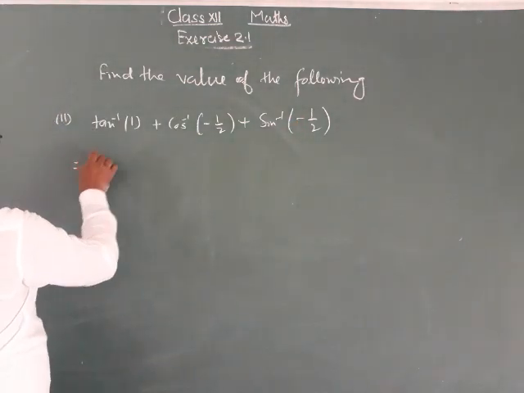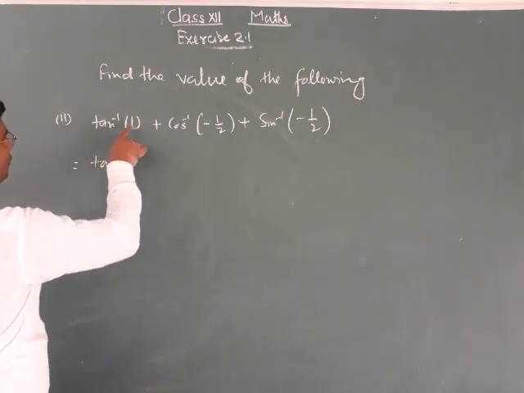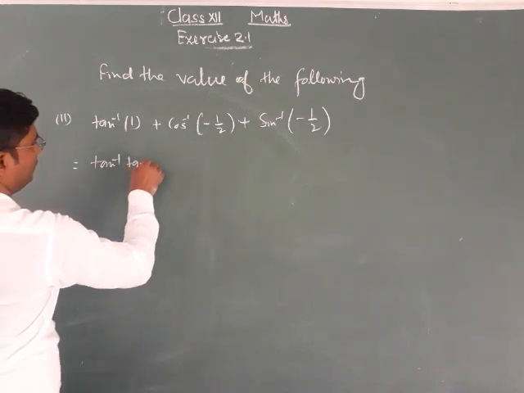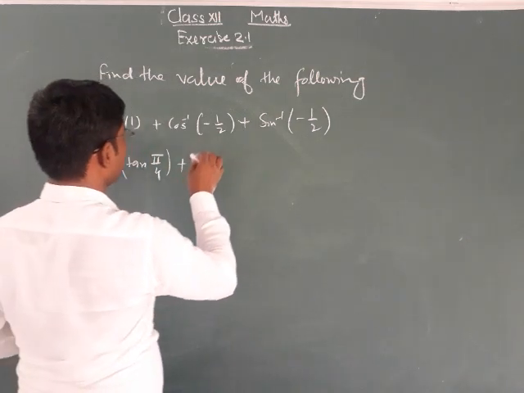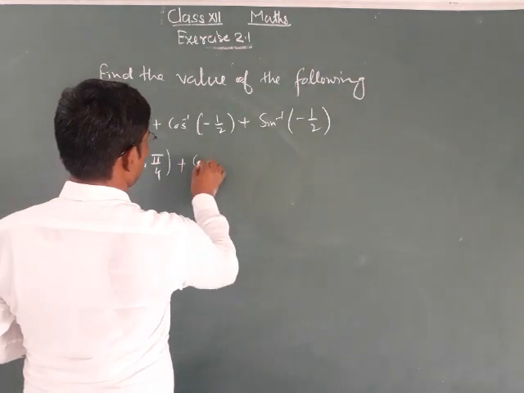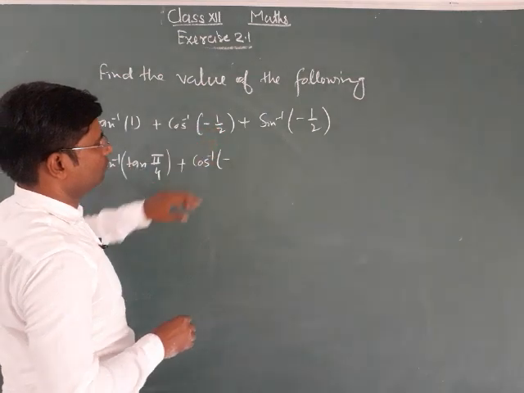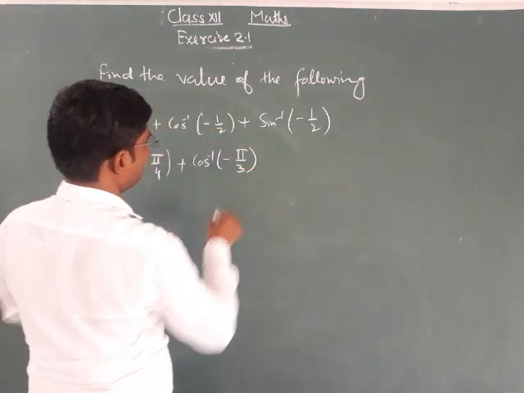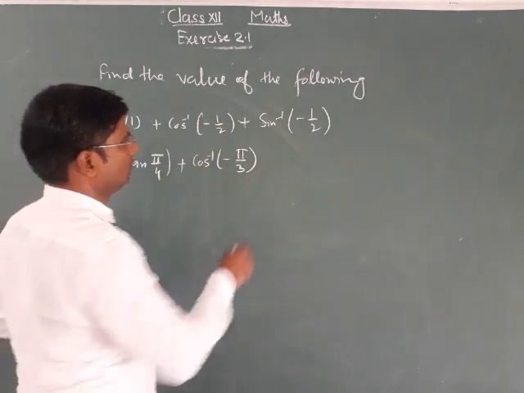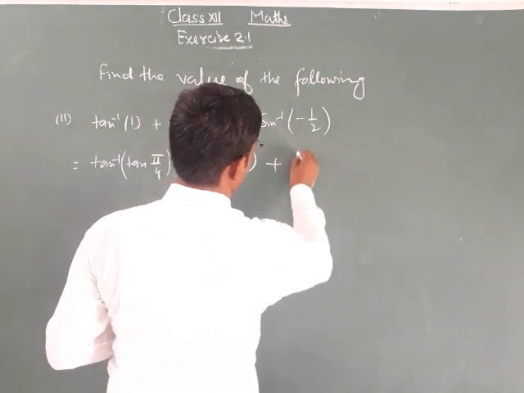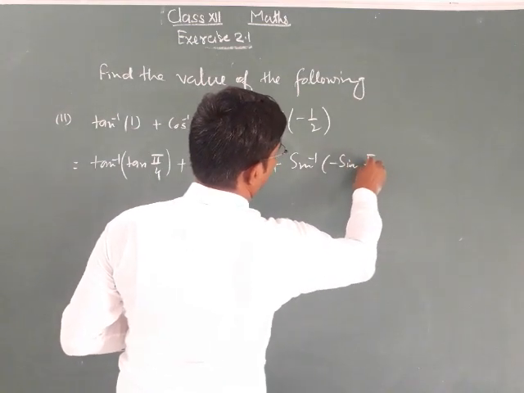Solution of this question: tan inverse 1, the value of tan, so tan pi by 4, and plus cos inverse of minus 1 by 2, cos 60 value 1 by 2, pi by 3, and plus sin inverse of minus 1 by 2, sin inverse of minus sin pi by 6.